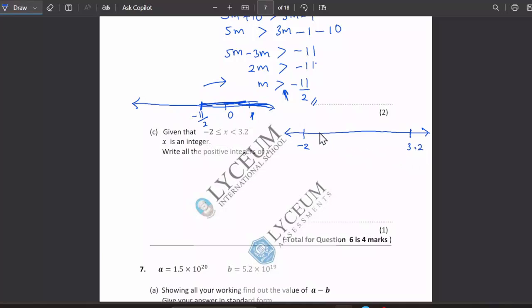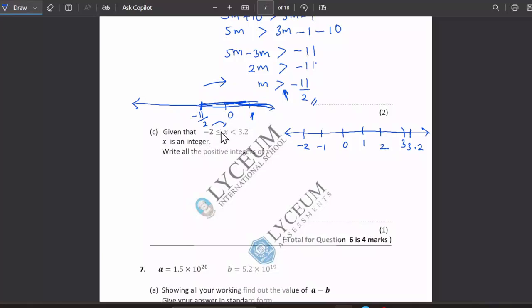Okay. Let's roughly put the numbers in between, minus 1, 0, 1, 2, 3. Okay. So starting from minus 2, x is greater than minus 2.